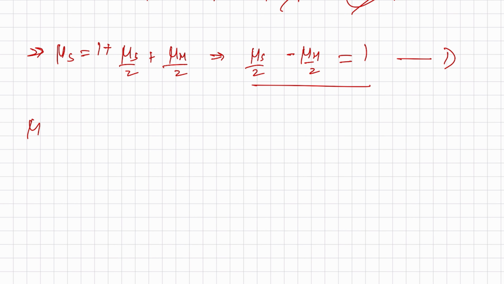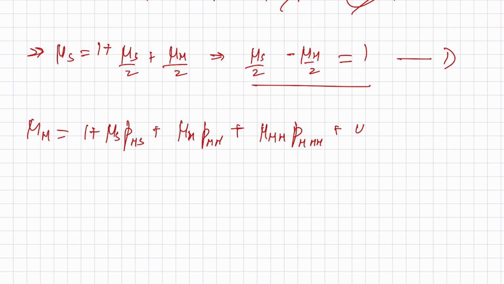Let's talk about the second equation for the transient state. Mu H is 1 plus mu S times PHS, plus mu H times PHH, plus mu HH times PH to HH, plus mu HHH times probability of H to HHH. Okay, so again, I hope this is clear. Now we're in state H, and we're computing all the possible states we can jump to, just a simple application of the formula.